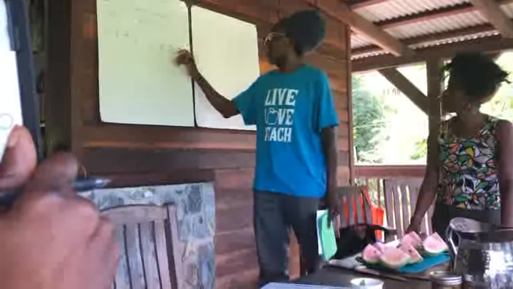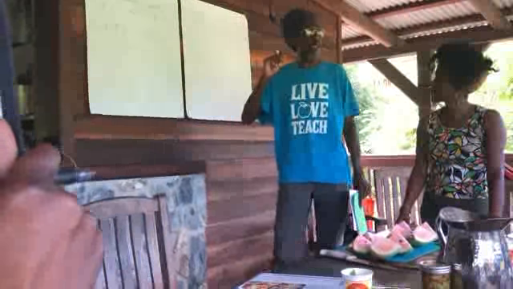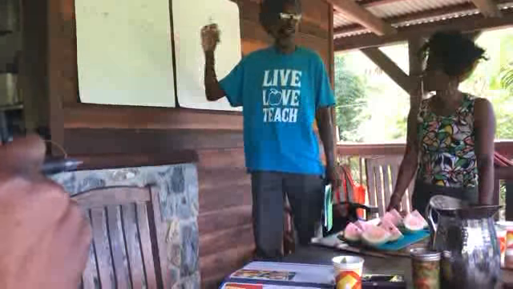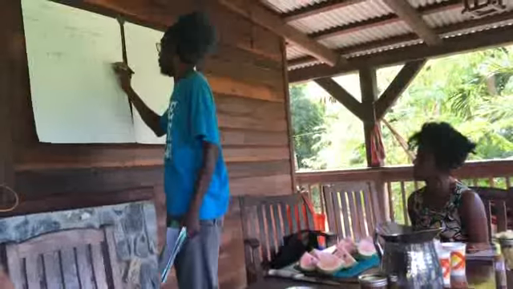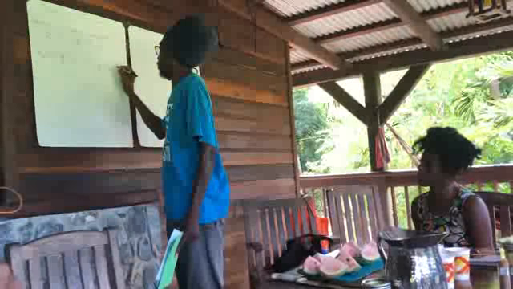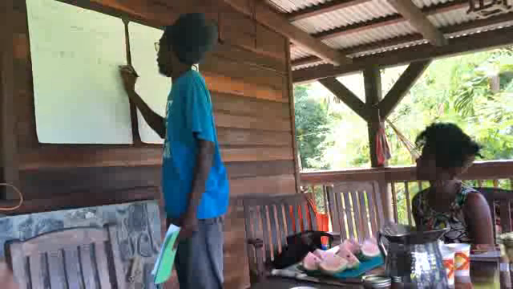2/4 is the same as what other fraction? What's an equivalent fraction? 4/8. Okay, and you can visualize that from putting the watermelon pieces back together, right? Okay, so this is equal to 1/2.